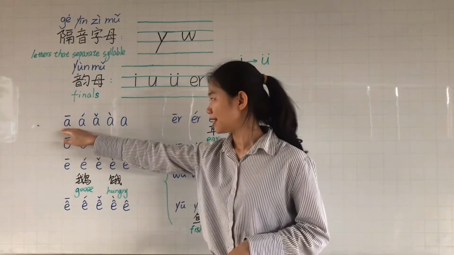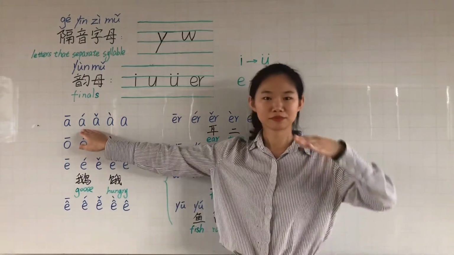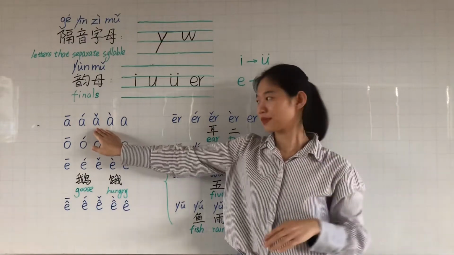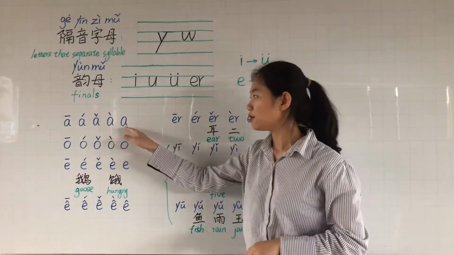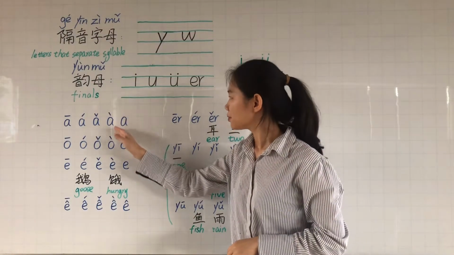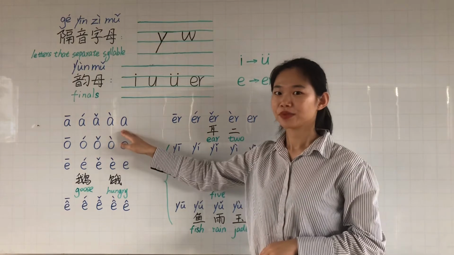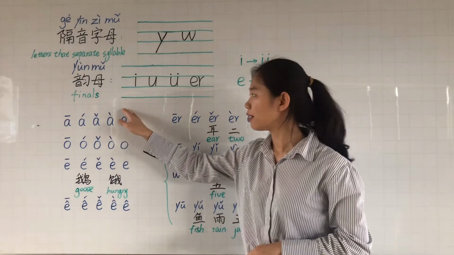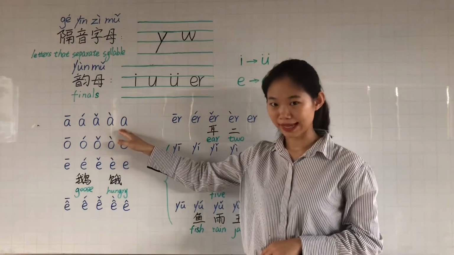The first tone, second tone, third tone, fourth tone, and also there is a symbol that is pronounced in a weak tone. No tone mark on it. We call it neutral tone.